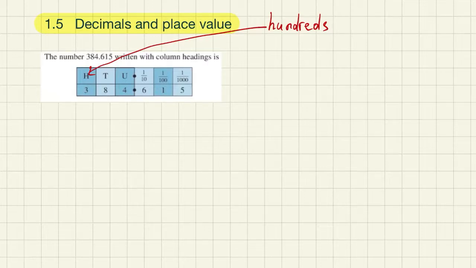80. So 80 is tens. And U is for units. So 384. U is units. And then after the point, we have the decimal part, which sounds pretty familiar, but please remember it's not the same thing.